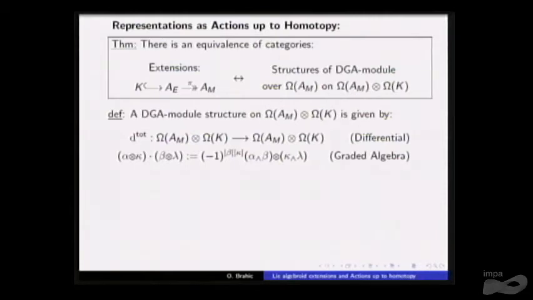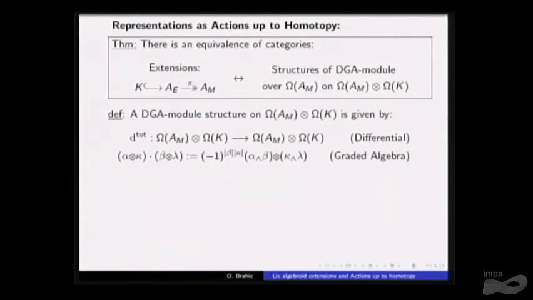And the way it's written here, I already have a graded algebra structure, because I'm taking the tensor product of graded algebras. So A, B, alpha and beta are forms on AM, K and L are forms on K. And well, you just put the good sign, and hopefully the signs are correct.